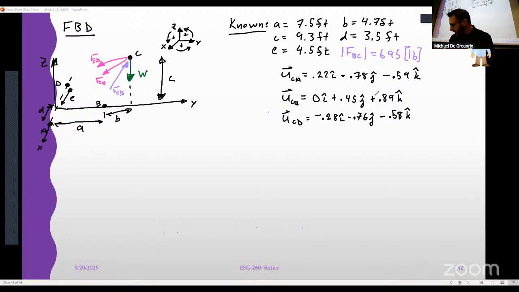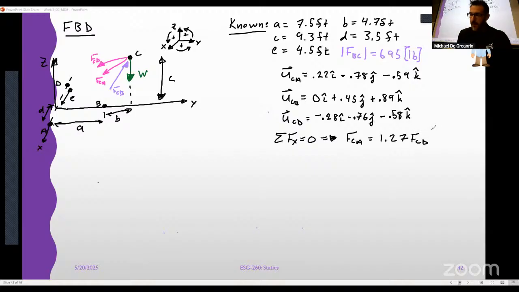So things that we already know: if I sum the forces in the x direction, set that equal to 0, I'm going to end up with FCA is equal to 1.27 FCD, right? The x direction forces don't change because UCA and UCD didn't change.